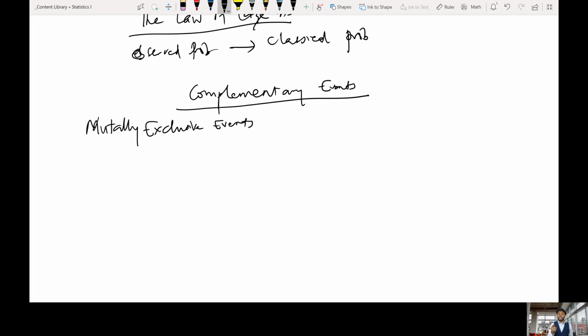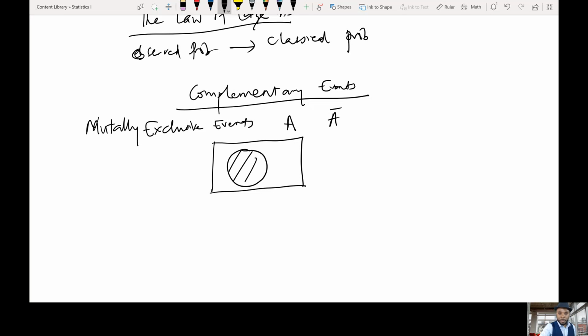So these events can't happen at the same time. For example, let's say I have an event A and I have the complement of A. I create a Venn diagram here, and this is event A. The unshaded area outside the circle is A complement. These are mutually exclusive events, which can't happen at the same time.